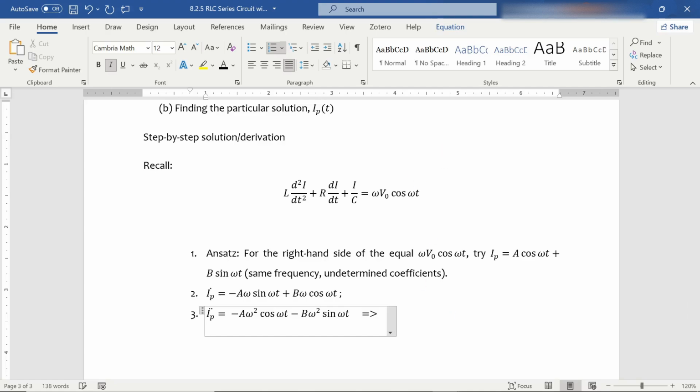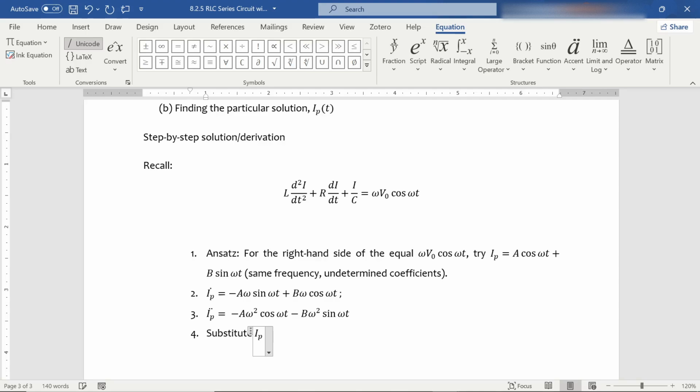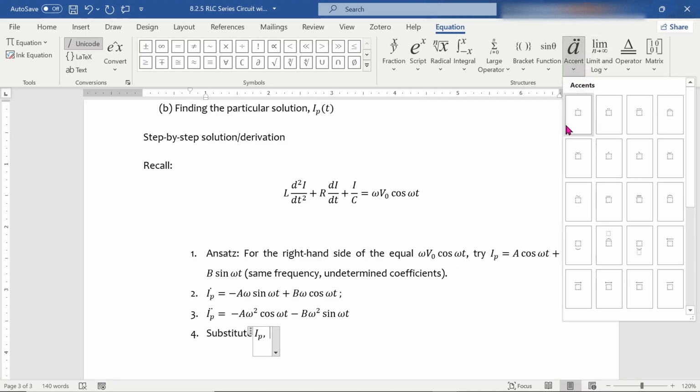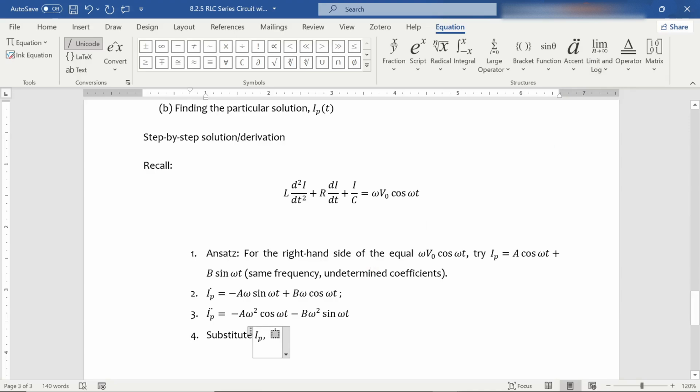So we just substitute this. We substitute IP, IP dot, and IP double dot.